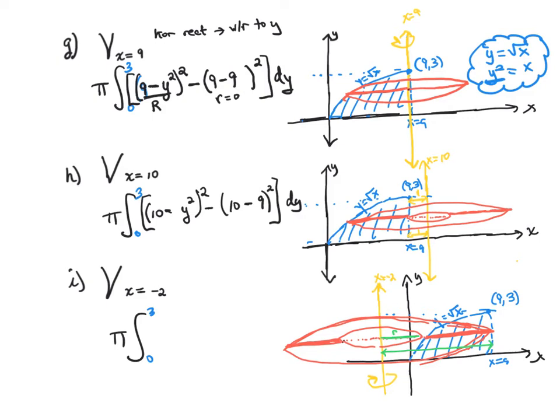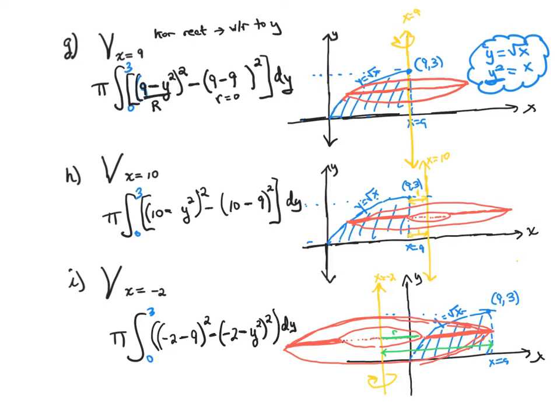So if we set up the integral, we have the axis of revolution, which is -2, minus the function furthest away from the axis of revolution. So that's going to be the right or left function that bounds the rectangle. In this case, it's the right side, which is x equals 9 squared, minus the axis of revolution, minus the function closer to the axis of revolution, which is the left function, the square root function, which we call y squared, but we square that.